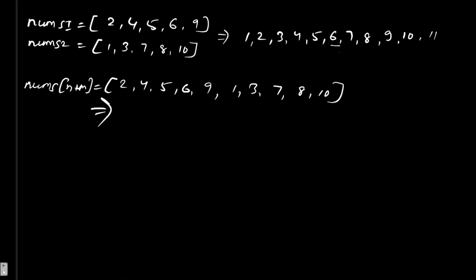After that we have to sort this. After sorting we will get the resultant array, and then we can easily find the median. But the problem is that it is going to be very time consuming, so it is not the recommended one.